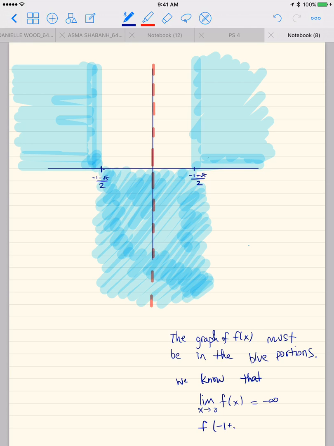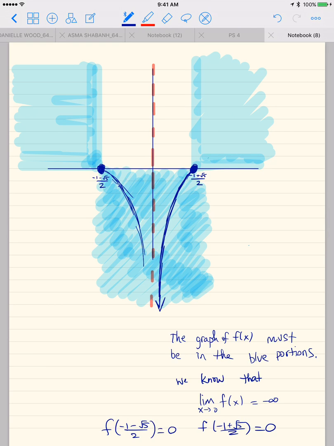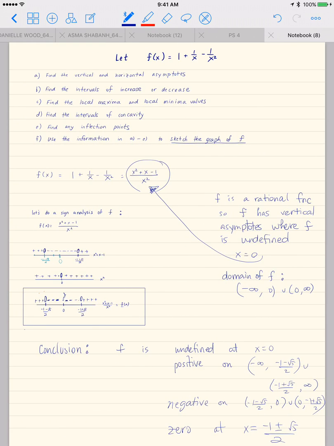Since we know that f of negative 1 plus root 5 over 2 is equal to 0, our graph goes through here, and f of negative 1 minus root 5 over 2 is equal to 0, so the graph goes through this point right here. And with the asymptote, our function is going to negative infinity. So we've kind of got part of our graph already. All of this we got just from looking at the vertical asymptote.